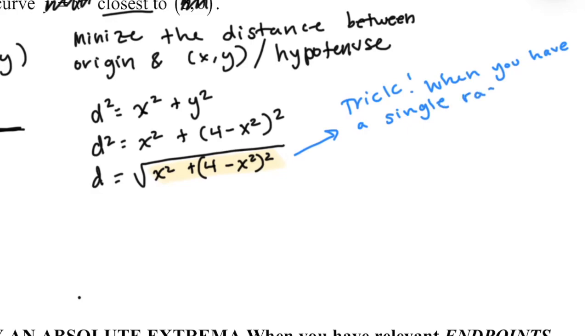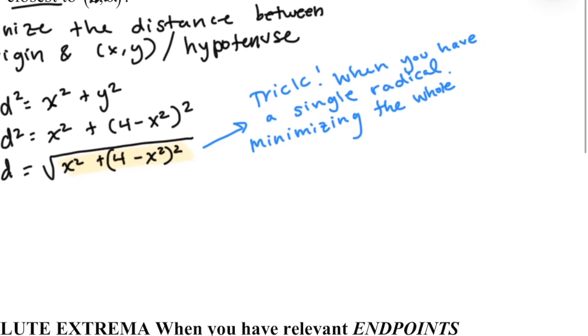Single radical, single square root. Okay, so the trick is that minimizing the whole radical is the same as minimizing the argument of the radical.